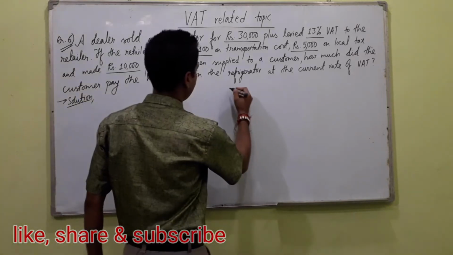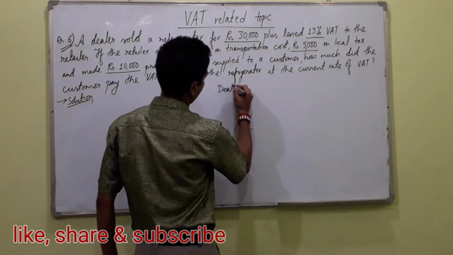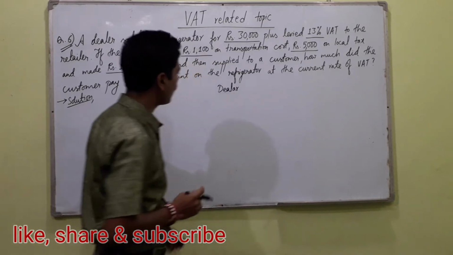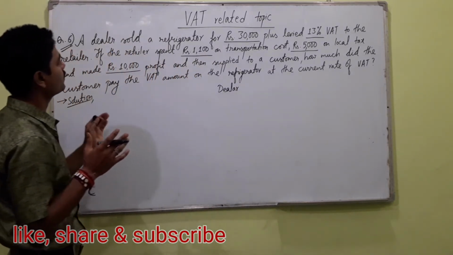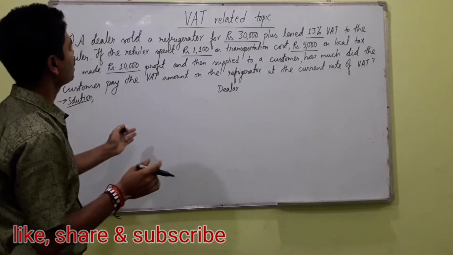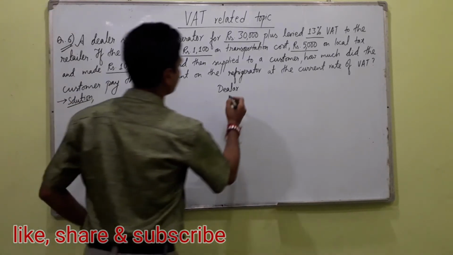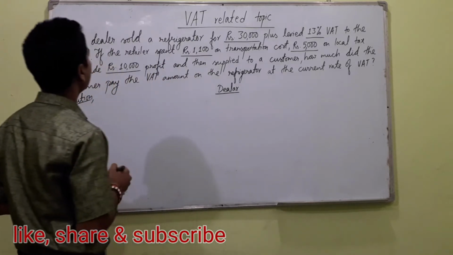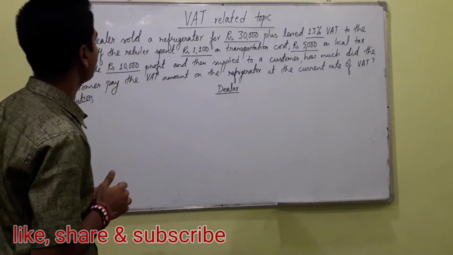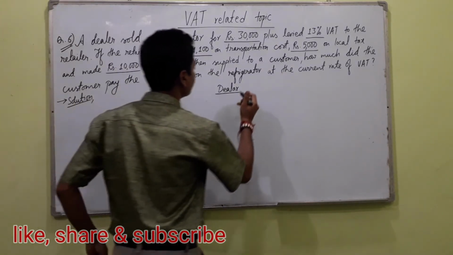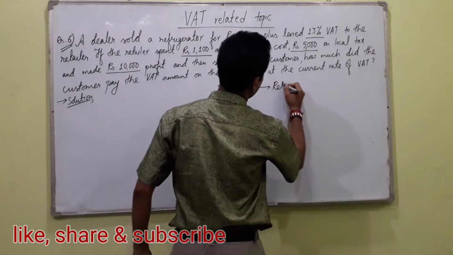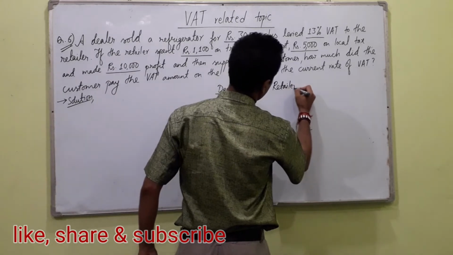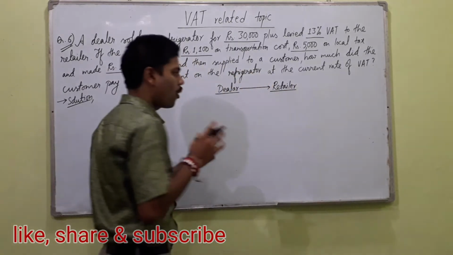Here are 3 persons. Number 1 is the dealer. The dealer is a person who has direct contact with the factories, and he brings a large quantity of refrigerators, and he sells to a retailer, who is a small shop owner.